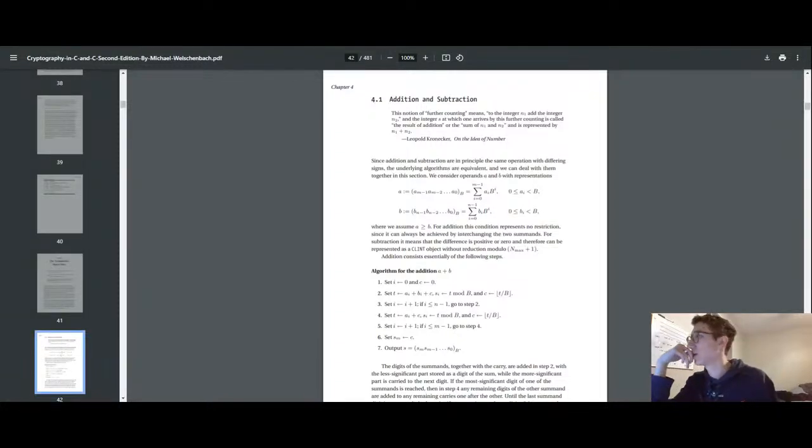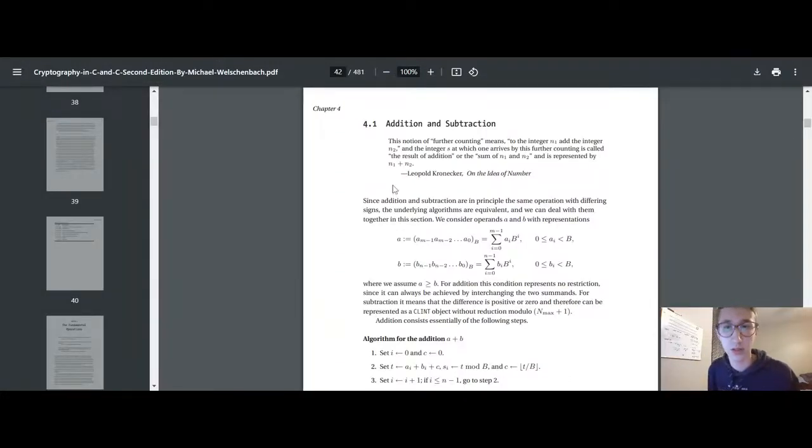Okay, so the principle of operation with different signs, underlying algorithms equivalents. We can deal with them together in this section. We consider operands and Boolean representations. Okay, well, this is not Little Endian.